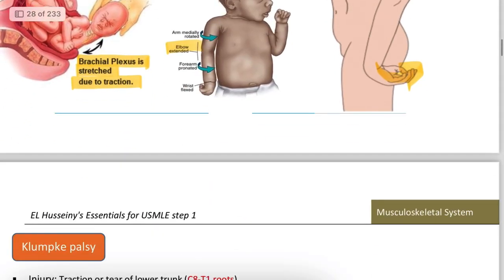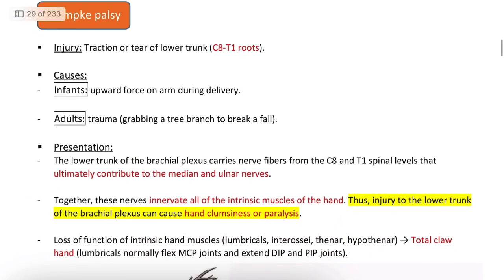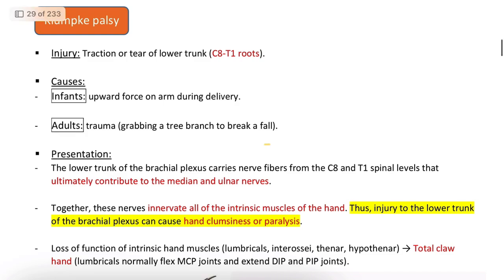Okay, next we are going to see Klumpke's palsy. In Klumpke's palsy, mostly we can see injury or traction of the lower trunk, C8 to T1.